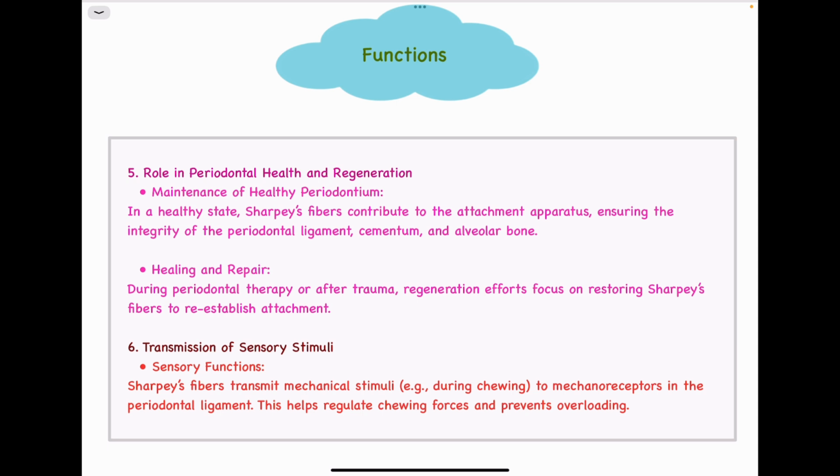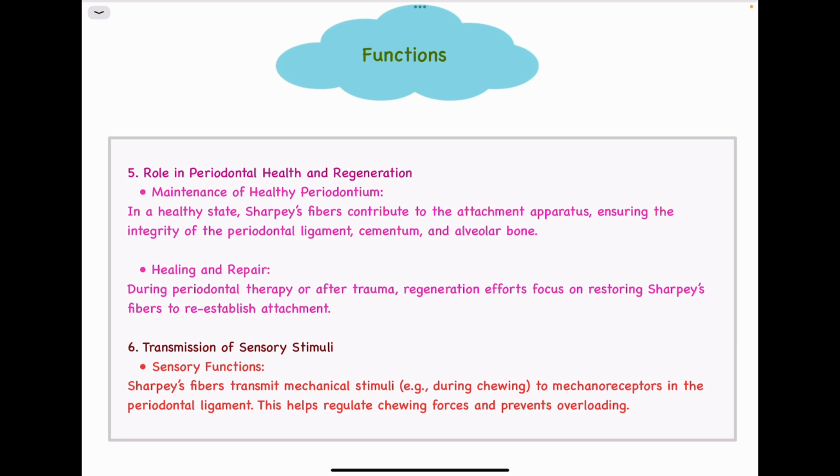As the PDL itself is a very dynamic tissue, continuously there is a process of healing and repair occurring. So during periodontal therapy or after any trauma, the regeneration efforts focus on restoring the Sharpey's fibers to re-establish the attachment apparatus. As they are the key components of the PDL itself, it is very necessary during periodontal therapy or after trauma to restore the Sharpey's fibers so that they can enable a healthy periodontium.